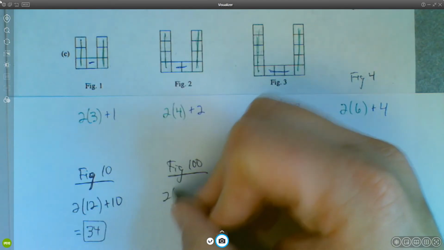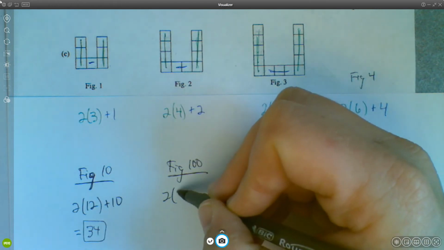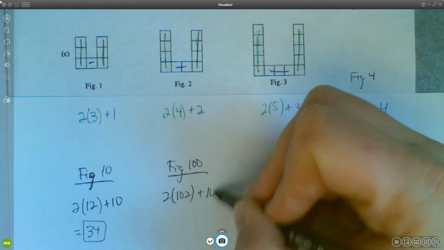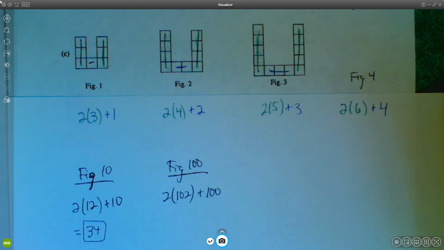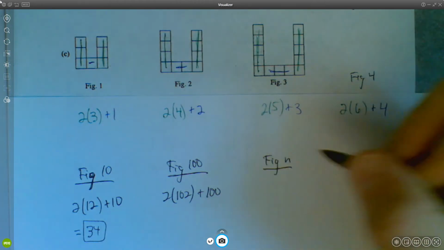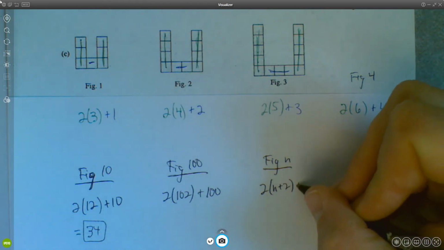It's going to be 2 times figure number plus 2. So 100 plus 2 is 102. Plus figure number. So that's 100. And then for figure n, it's going to be 2 times figure number plus 2 plus figure number.